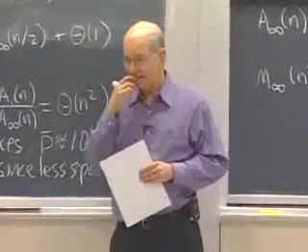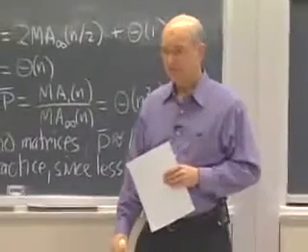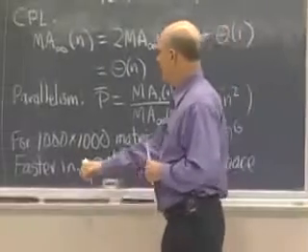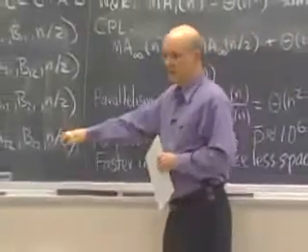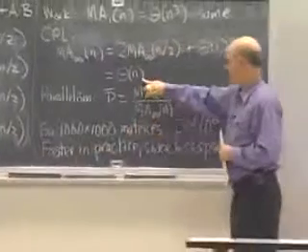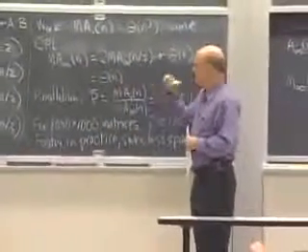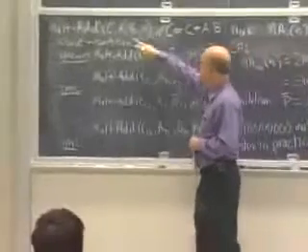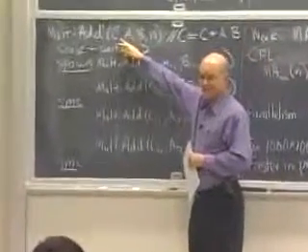You mentioned initialization for the alternate. Yes, that would add a log n to the critical path, which is nothing compared to the n. What is initialization? Well, you've got to make sure C is 0 to begin with. Oh, right.